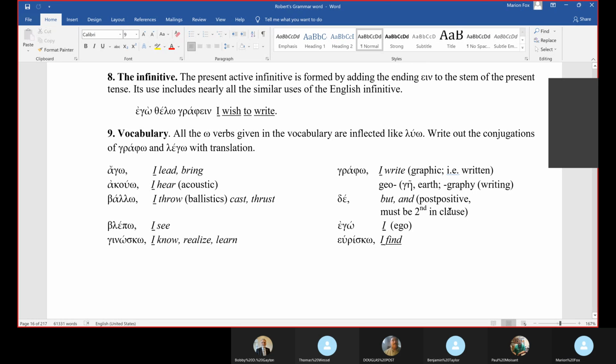Now, what we have is geography, and that's gay, that's earth, and graphy, or writing. It's something written about the earth. That's geography. Now, day is different. It's not a verb. It's a part of speech that's a conjunction. We call it conjunctions.